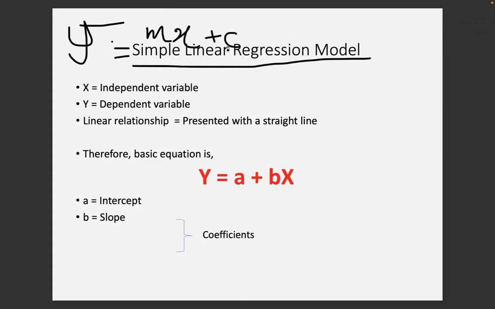So m is the gradient, c is the constant. In this simple linear regression model, the model gives us the same format of an equation. That is y equals a plus bx. Same format, no? a plus bx.